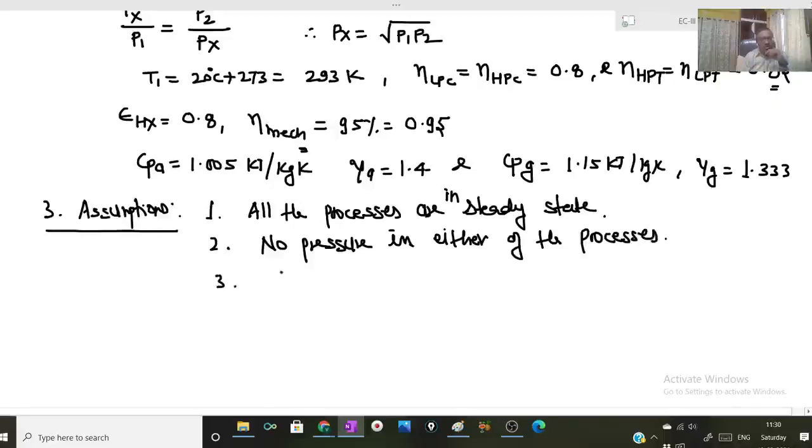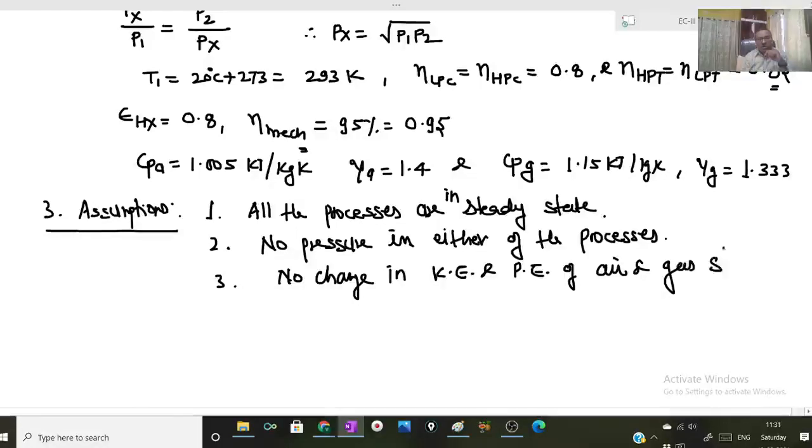Number 3, no change in kinetic energy and potential energy of air and gas streams.